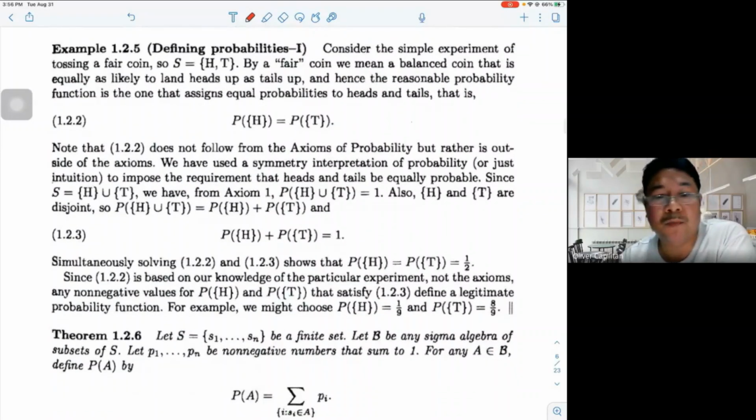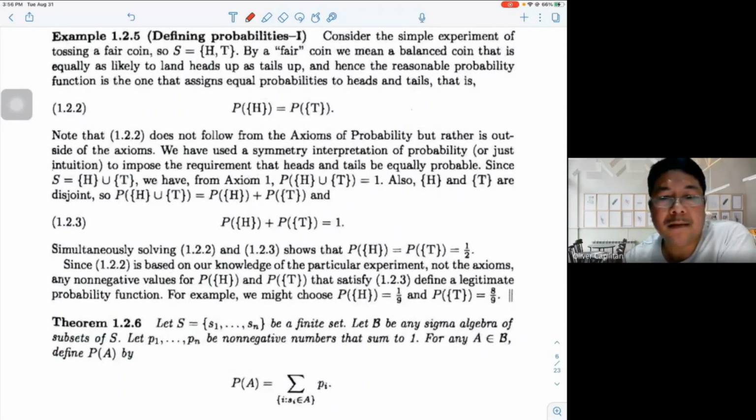So based on our axiom 1, if S here is the union of the event containing H and the event containing T, we can see clearly that the probability of this union will be equal to 1.